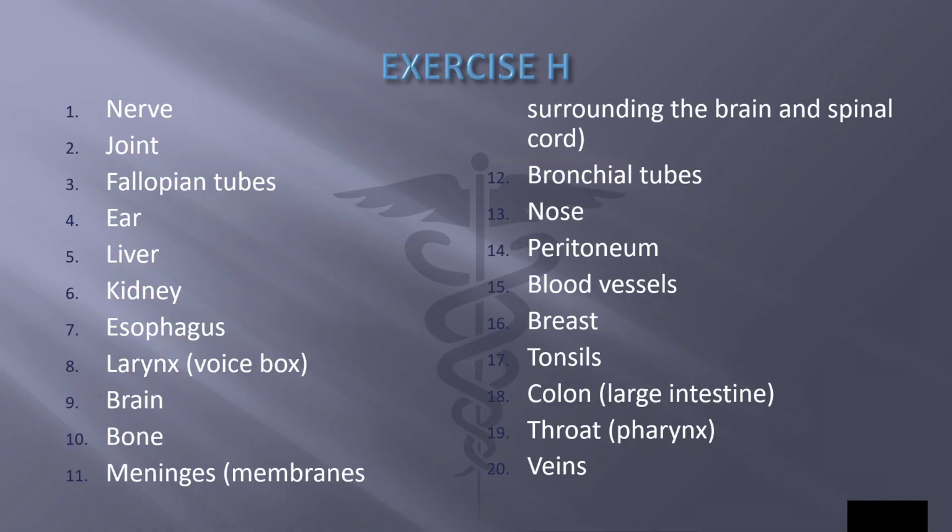11, meningitis is inflammation of the meninges or membranes surrounding the brain and spinal cord. 12, bronchitis, inflammation of the bronchial tubes. 13, rhinitis, inflammation of the nose.